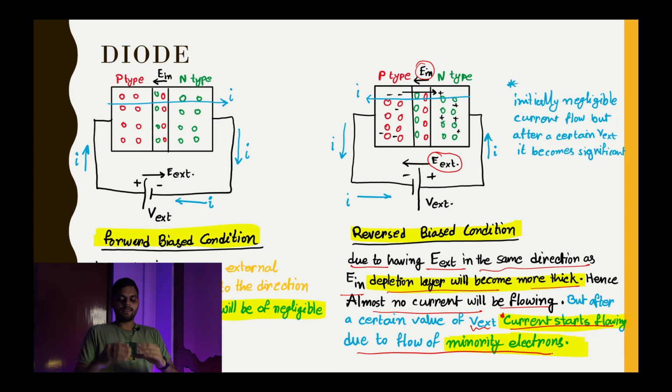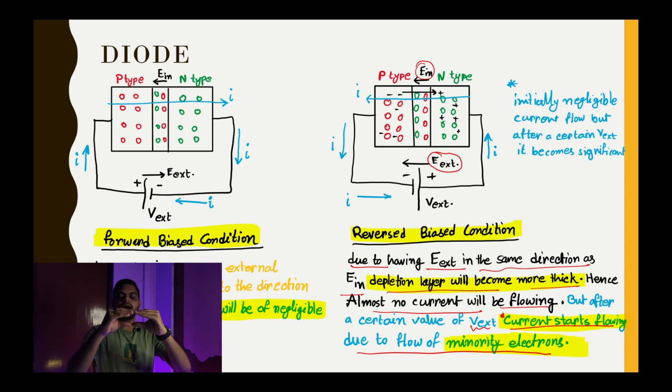So let's see. We know Joule's law, right? Joule's law says if we flow a current through a wire up to a certain limit, the wire will tend to emit heat energy.